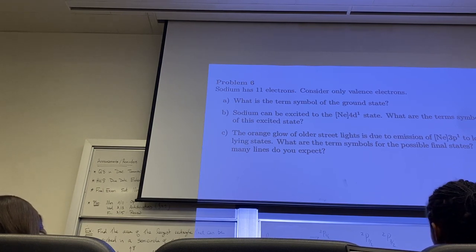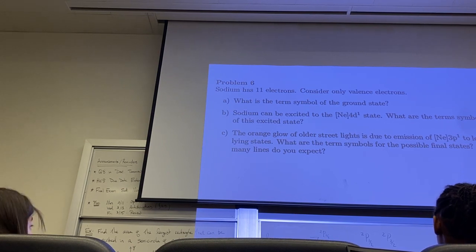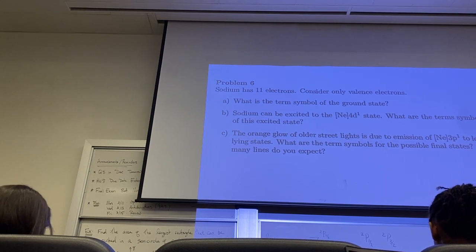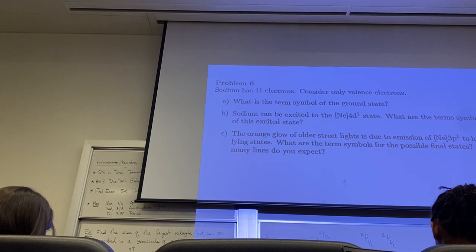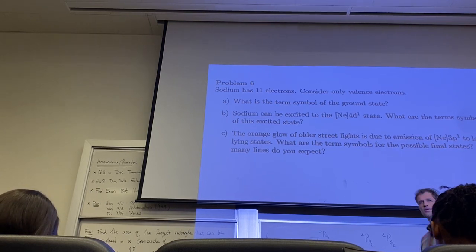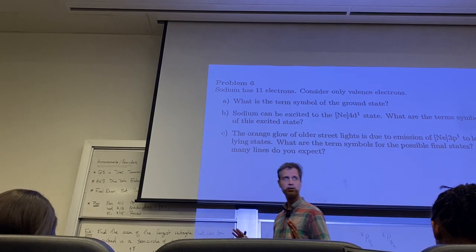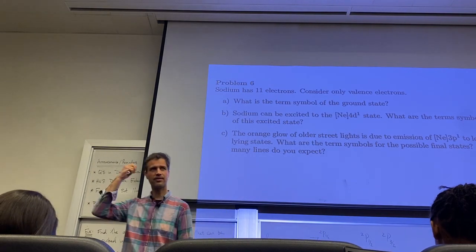Can you please go over one more time how you got L equals 2 on part B? It has nothing to do with n. All of the term symbol stuff has nothing to do with n. Erase that from your mind right now.